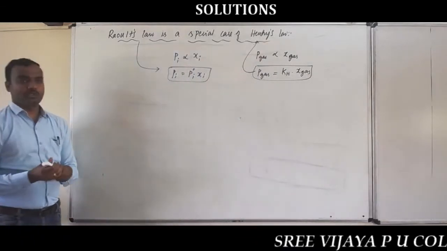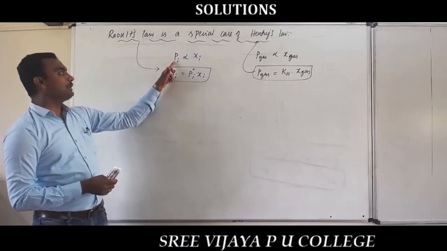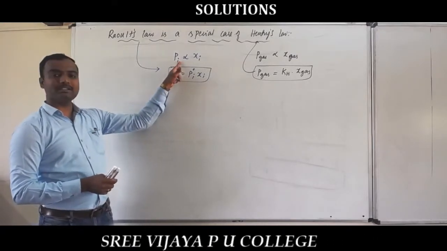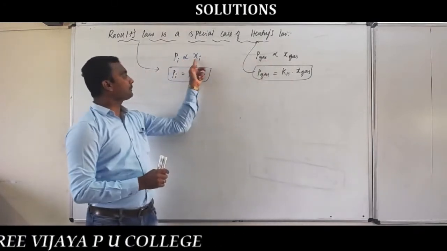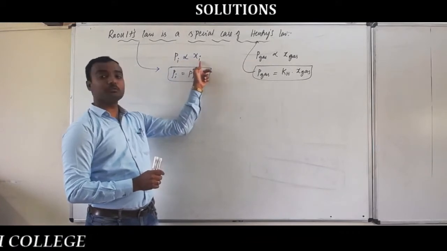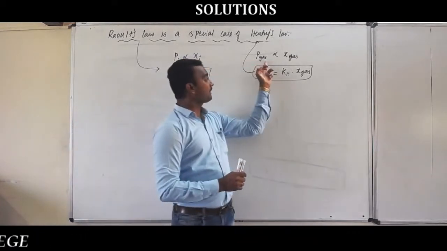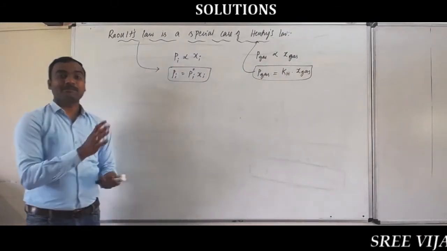So ಎರಡನ್ನೂ observe ಮಾಡಿ, in both the laws the statement is same. So statement ಏನಂತೀವಿ, partial pressure of the liquid component ಅಥವಾ partial pressure of the gas is directly proportional to its mole fraction. ನೋಡಿ, partial pressure of the component is directly proportional to mole fraction of its component, partial pressure of the gas is directly proportional to mole fraction of gas. ಎರಡೂ ಲಾಗಳು ಏನಾಗಿದೆ, ಸ್ಟೇಟ್ಮೆಂಟ್ ಸೇಮ್ ಇದೆ.